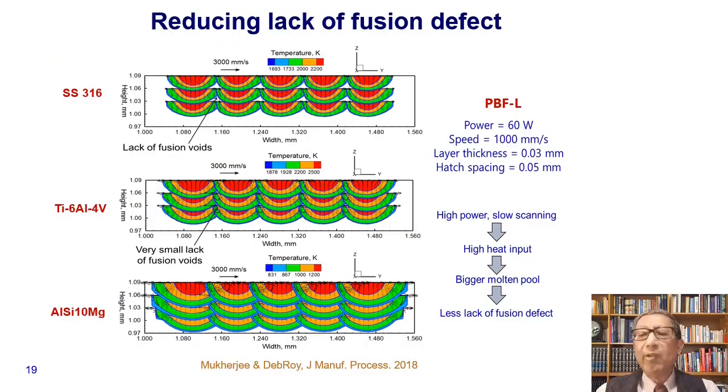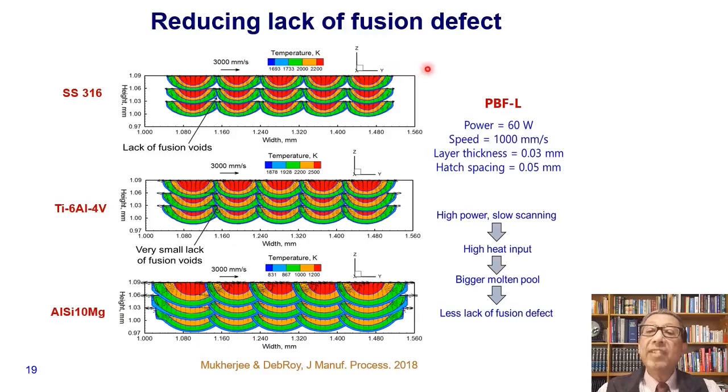Before we finish our discussion on lack of fusion defects, I want to point out that mechanistic models have been used for understanding lack of fusion defects. For example, both the effects of process variables as well as alloy properties determine the size and shape of the fusion zone. So if we have a multi-layer, multi-track deposit, the gaps between layers and adjacent hatches determine the lack of fusion.